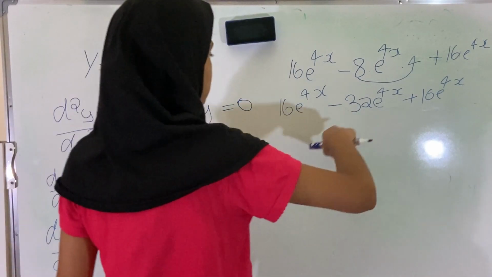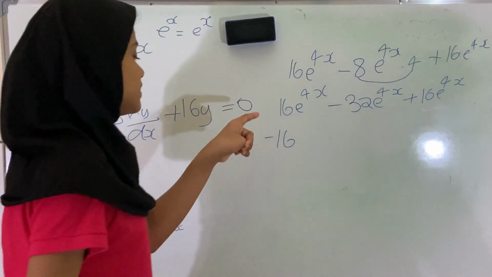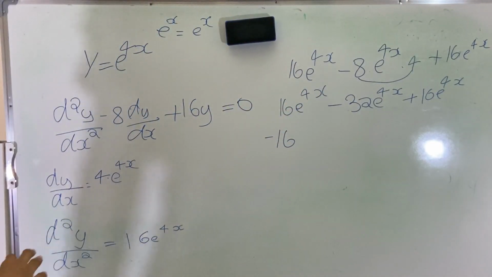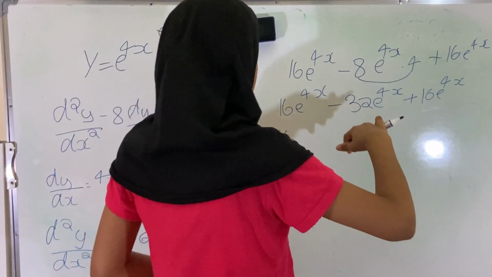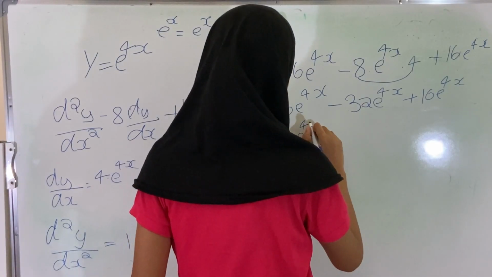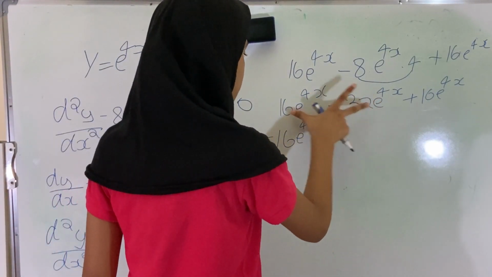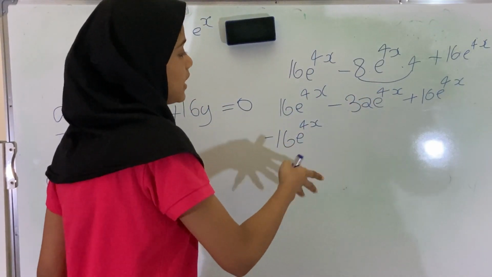So 16 minus 32 is minus 16, because 16 is less than 32, so we have to put a minus there. So after subtracting them we got minus 16 e raised to 4x.